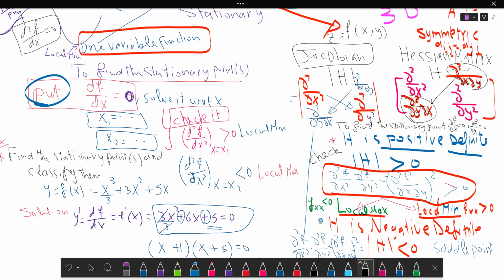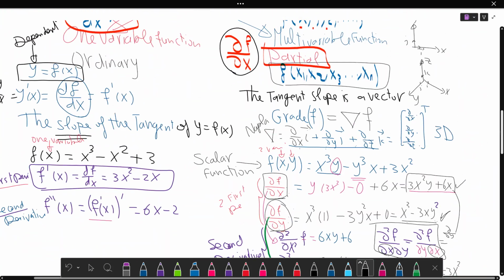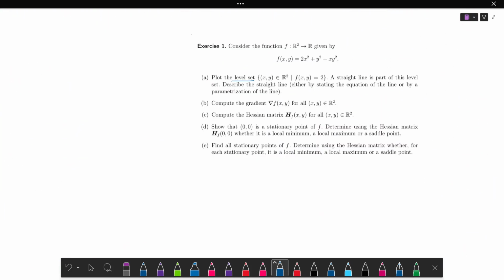Let's go for one example, one we learned, right? We are looking to compute the gradient nabla f for all x, y. What does nabla f mean?